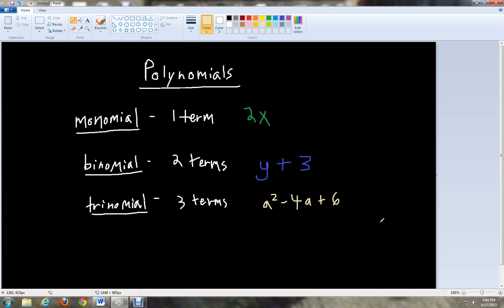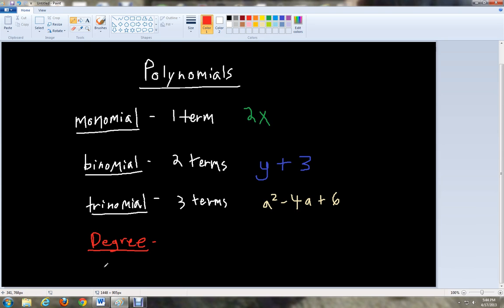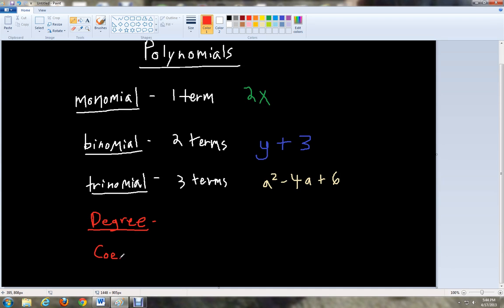And now we're going to look at a couple of important terms we need when describing polynomials: degree and coefficient. The degree of a term is basically the sum of all the exponents.